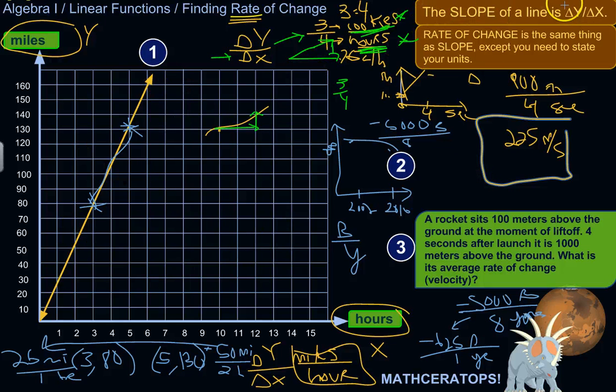So the change in y over change in x, but these things have actual meaningful units. I mean, these are quantities with different units, so not just y and x, but meters versus seconds, something like that. So these different units, that's what makes it a rate. But if you were to graph it, that would correlate to the slope of the thing that you would graph.